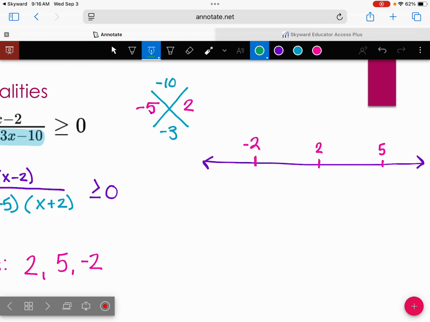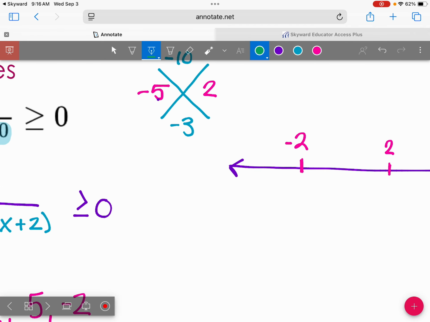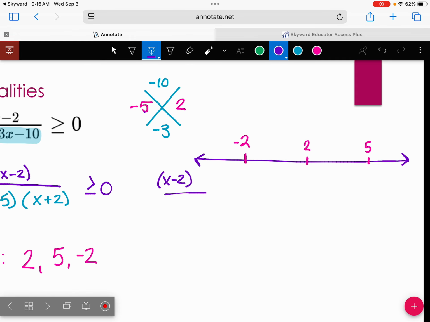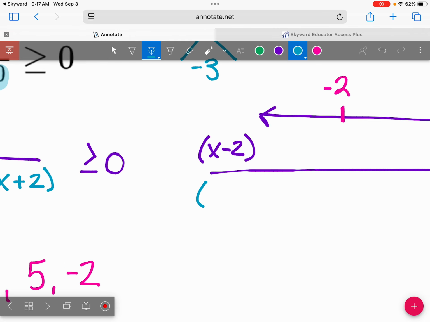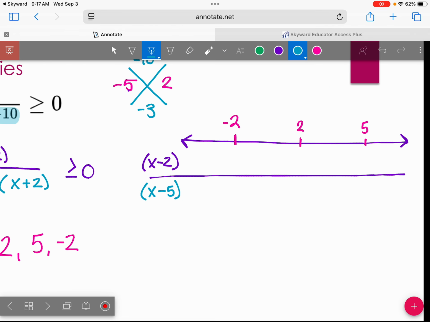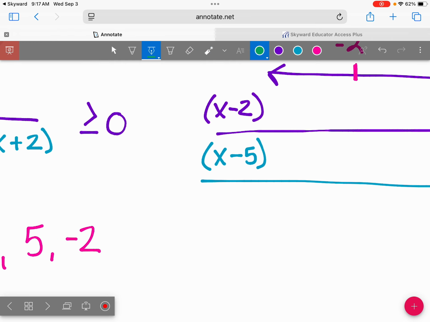We're going to need to know what's happening with all of the pieces in this fraction. So I need to know what our sign is going to be for my numerator piece, that x minus 2, and I'm going to need a line for that piece. I need to know what's happening in the denominator, so I need to know what's happening with my x minus 5, and with that other piece in my denominator, the x plus 2.